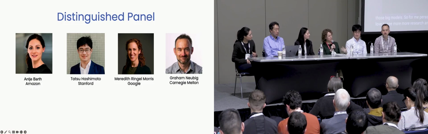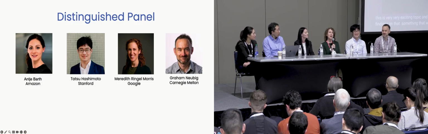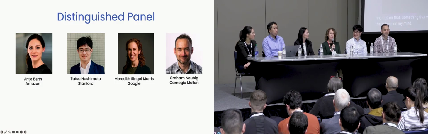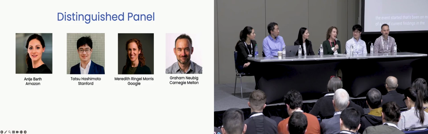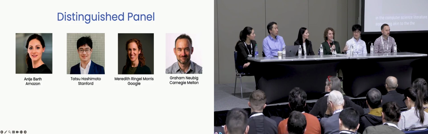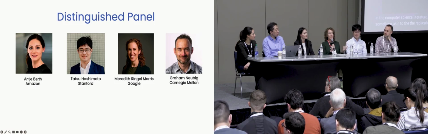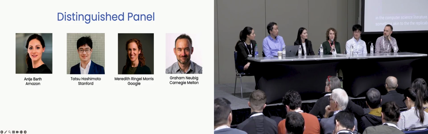Something that we were just discussing before the event started that's been on my mind. I would love to better understand the robustness of a lot of current findings in the computer science literature. I'm a little bit concerned that we might have something akin to the replicability crisis in psychology in terms of the non-replicability of prompts.